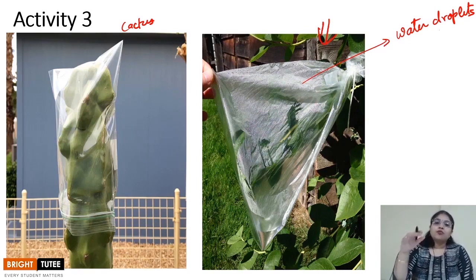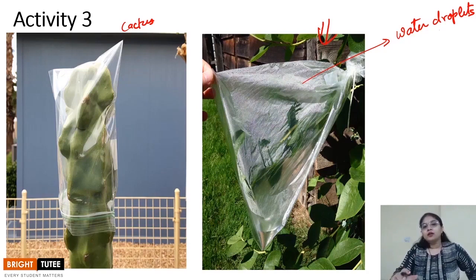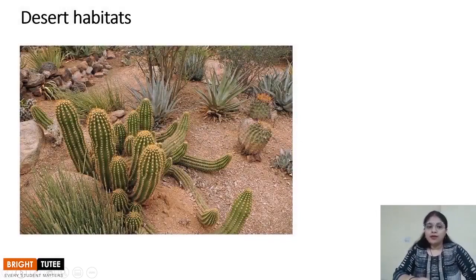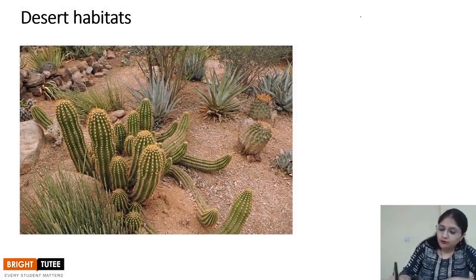Now, apart from this, what else is there? So, when we talk about plants, we know that plants are stationary. That means they will not be able to move from one place to the other. So, one thing which they need to do is conserve water, right? So, how do these plants conserve water? Let's understand that. So, first of all, very little water is lost through transpiration.